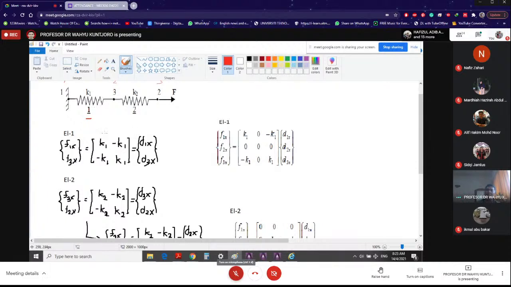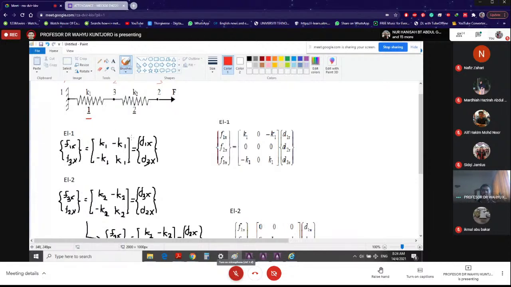And of course, for the element stiffness matrix, you just simply put the value of the spring stiffness: K1, minus K1, minus K1, and K1. So if K1 is 100, then it is going to be 100. If K1 is 1000, then just put the value of K1 over here.